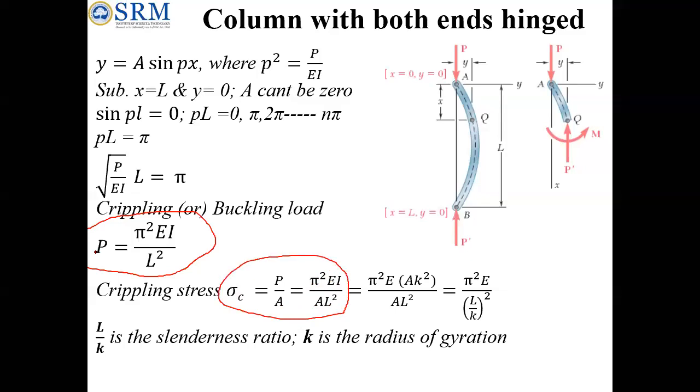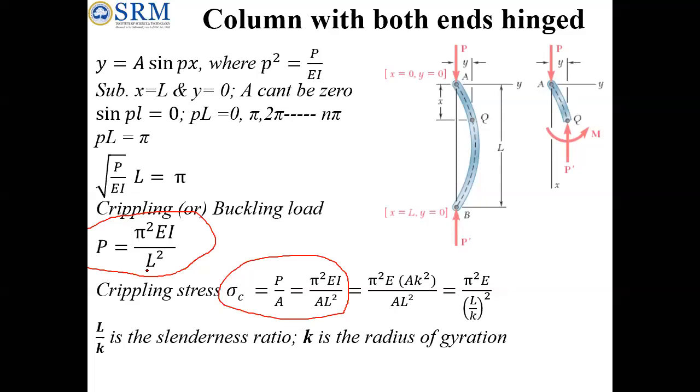Clear? So for crushing, what is the formula? Sigma is equal to P by A. Clear? For crushing. For buckling, P is pi square EI by L square. Here the L is nothing but the effective length. So depending upon the condition given in the problem, say both ends fixed, both ends hinged, one end fixed and one end free, we will use the L value as the effective length.